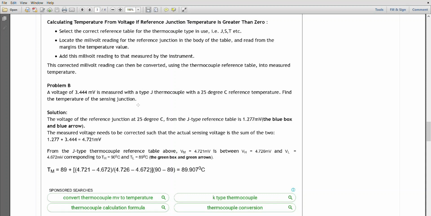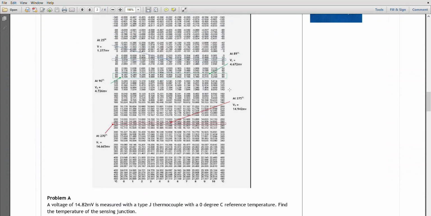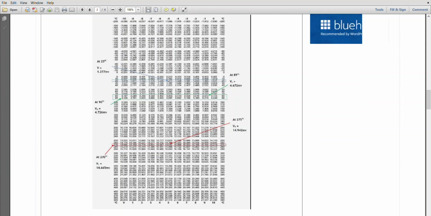So the thing that you should do is very simple. You go to 25 degrees centigrade and find the 25 degree centigrade value. So 20, 21, 22, 23, 24, 25.